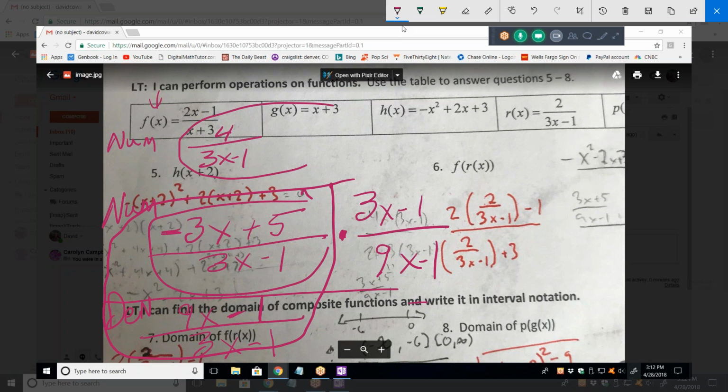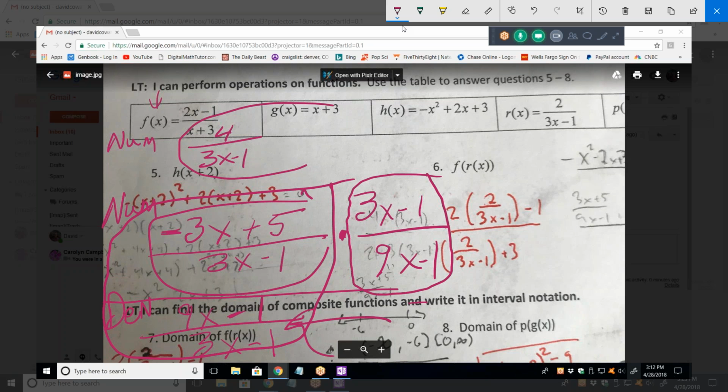When you're dividing fractions, it does not matter if variables are involved. You reciprocate the denominator, and you multiply. Instead of dividing, you turn it into a multiplication problem. So this is my denominator flipped, that right there.